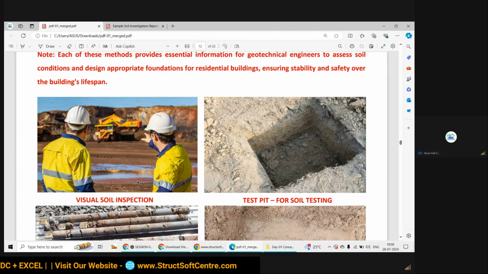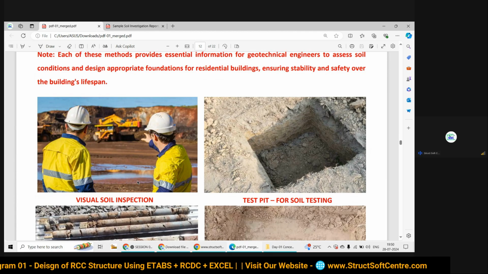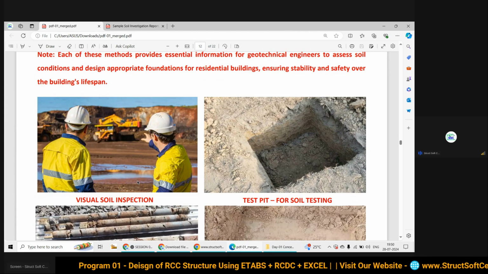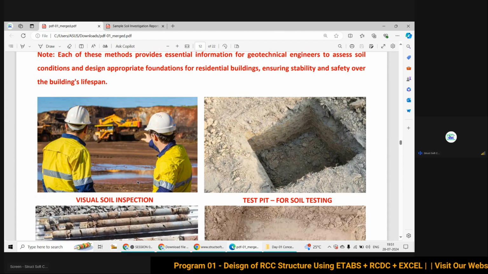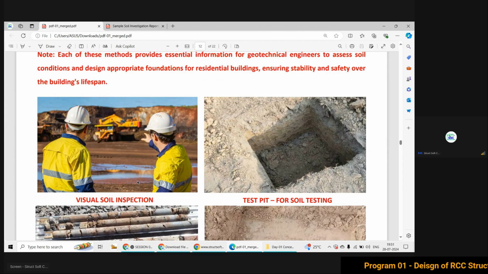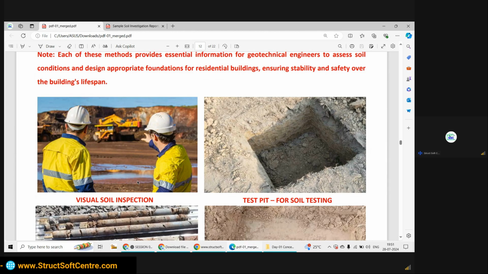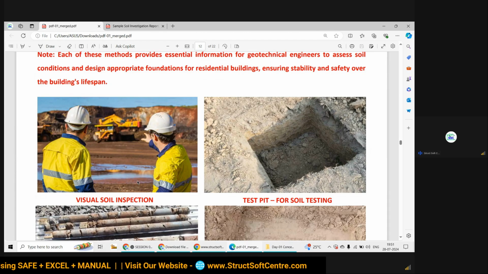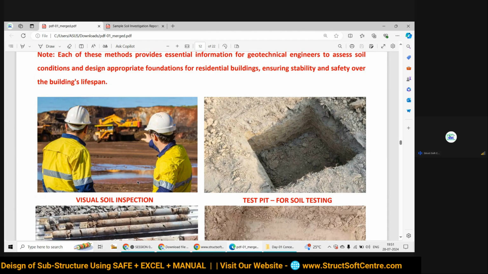And based on that visual inspection, they plan to do on-site testing, or they plan to do laboratory testing. Based on the visual inspection, they decide whether it is better to perform laboratory testing or on-site testing, and what method will be more convenient.